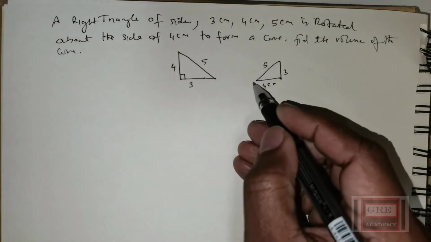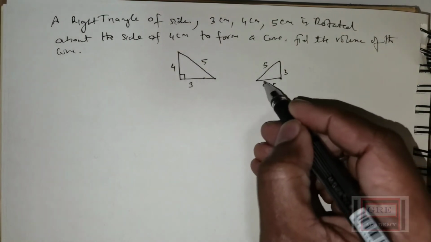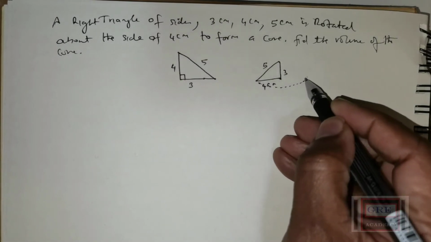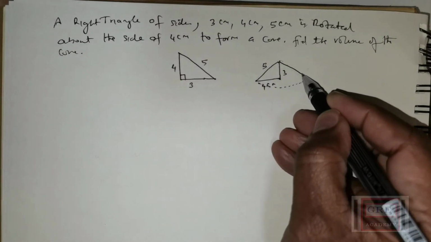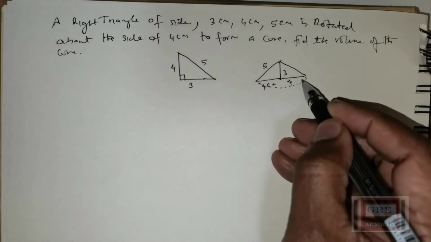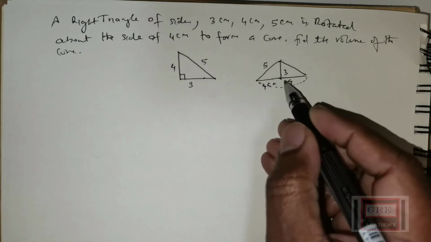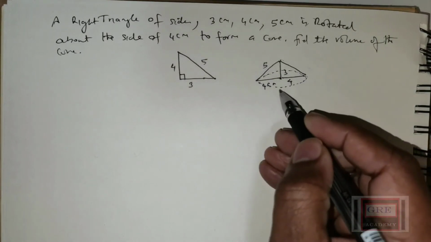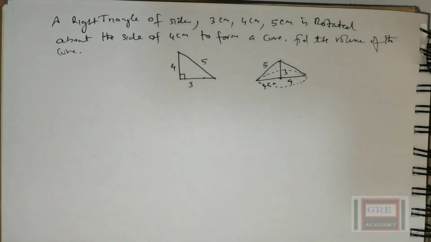Now when you rotate this, you are actually forming the cone and the radius of the cone is going to be 4 centimeters. So this will be the spin and a cone is created.